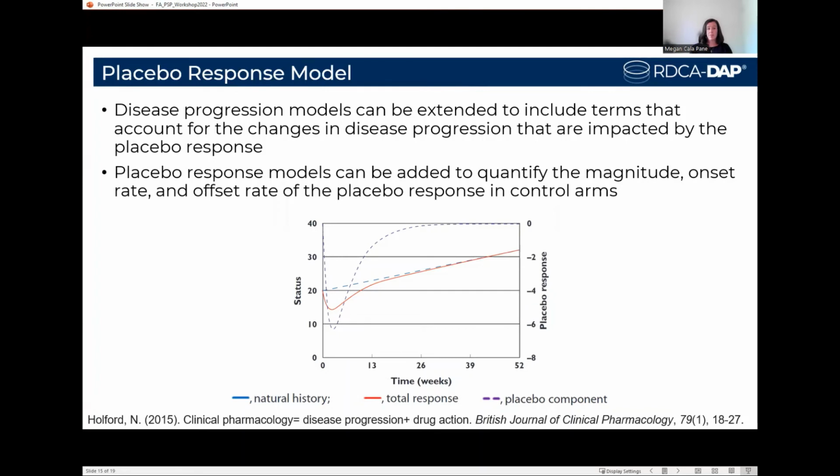And in terms of duration, relative to a drug effect, the placebo effect is typically much shorter. So again, this is an additional mathematical component that can be incorporated into the disease progression model to generate more realistic trial simulators.